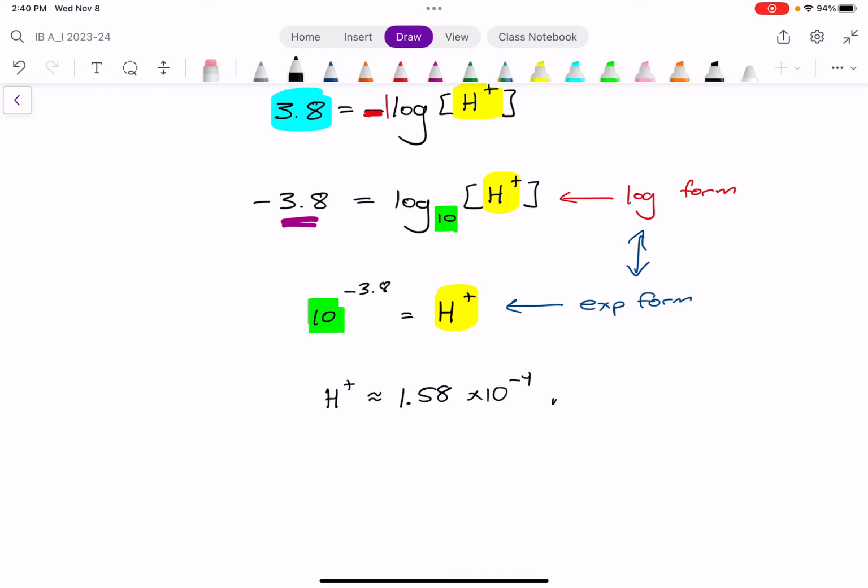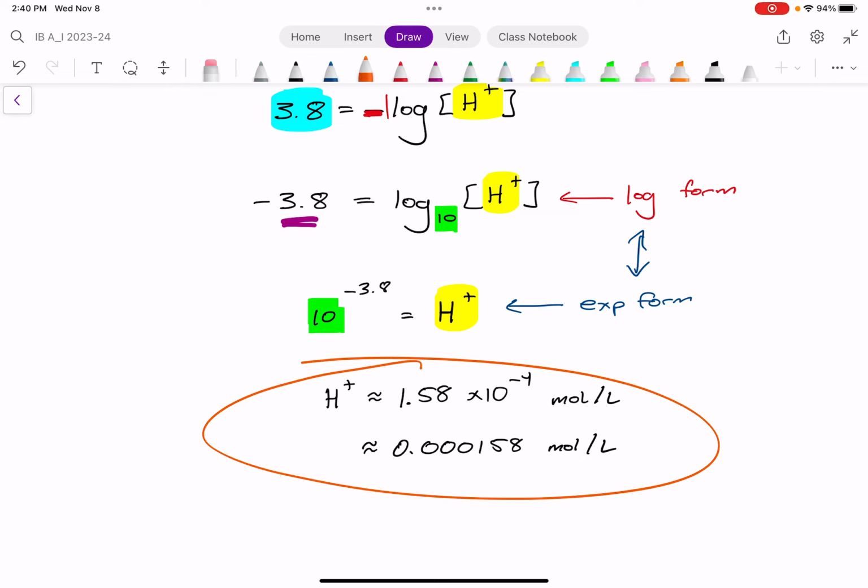That's in scientific notation, moles per liter, which is great. If I write it in standard notation, recall that means 0.000158 moles per liter. They're both good. They're both 3 significant figures. And I guess that means we're both done.